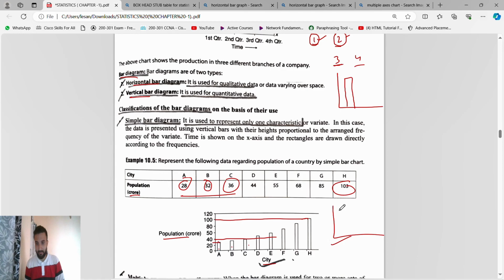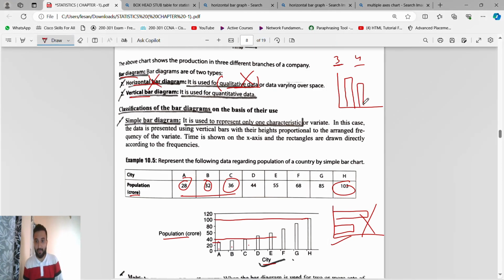The horizontal bar diagram is used for qualitative data. So that's why we have not drawn this type of bar graph. Why have we not studied it? Because it is qualitative data, and in statistics we want quantitative data, so we don't prefer qualitative data. So that's why we don't prefer the horizontal bar diagram.